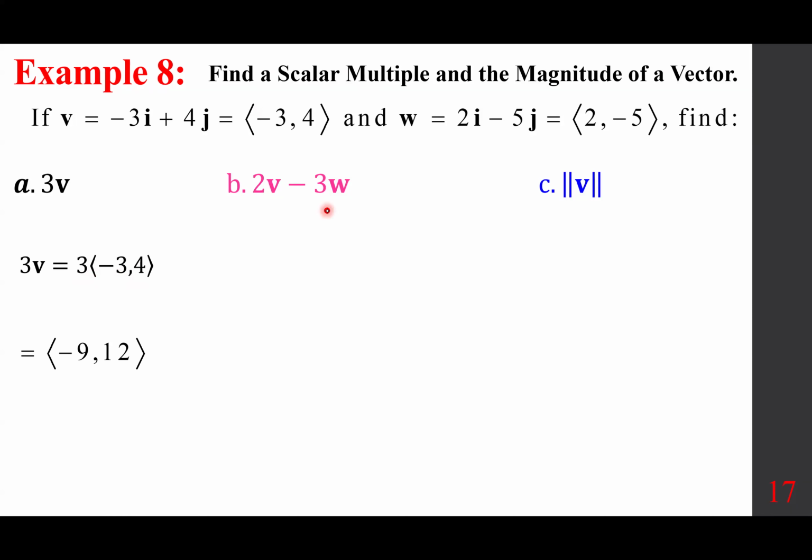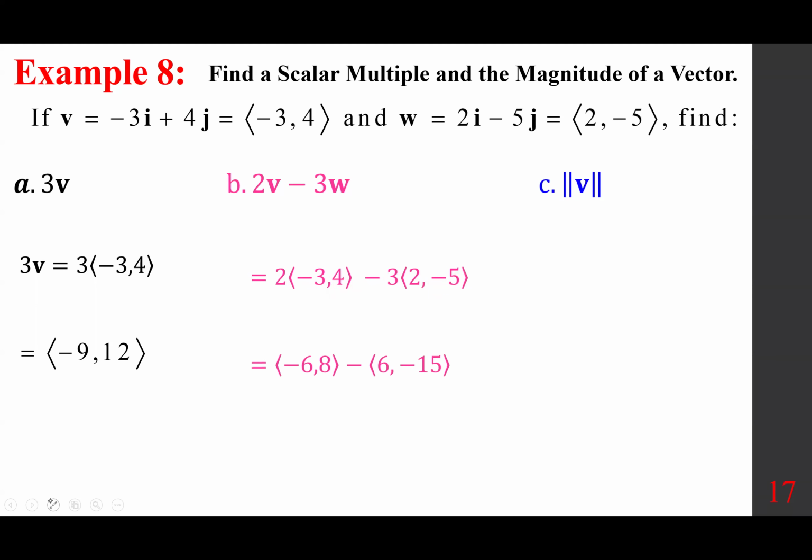2V minus 3W. So 2 times V, which is negative 3 comma 4, and minus 3 times 2 comma negative 5. So just distribute. Imagine it's parentheses and distribute. This becomes negative 6, this is 8. If you want to keep the minus, you can, or just change it to a plus. So anyways, 3 times 2 is 6. 3 times negative 5 is negative 15.